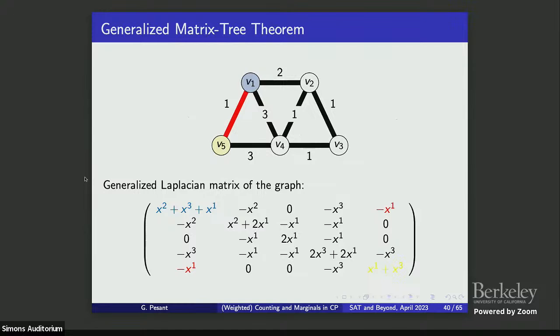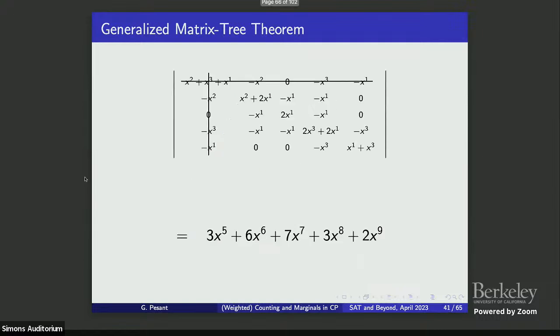So here you don't have -1s, you've got univariate polynomials. You've got -x to the power determined by the weight of that edge. The degree, well, d1 is degree 3, but it's got one edge of weight 2, 3, 1, so it's x^2 + x^3 + x^1.